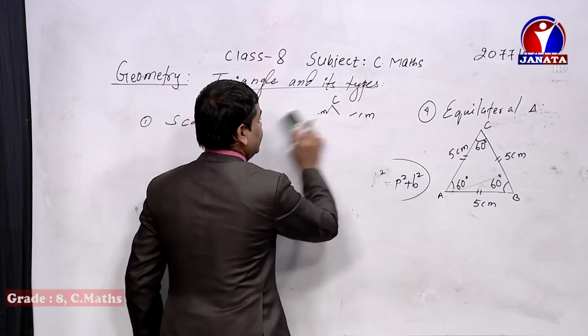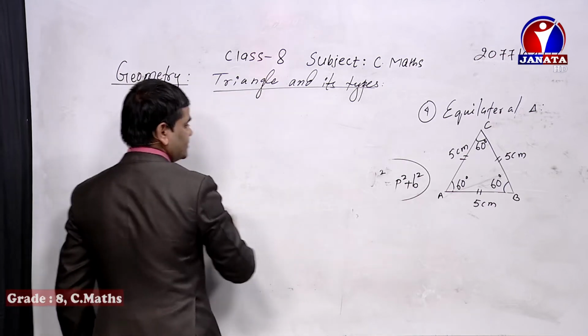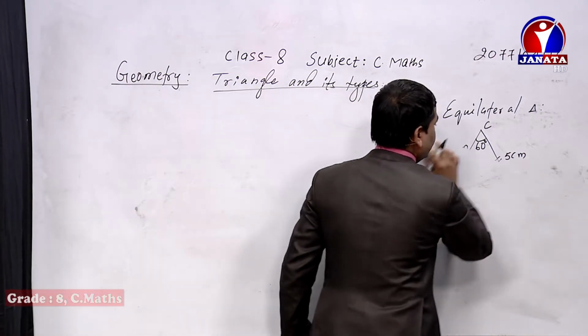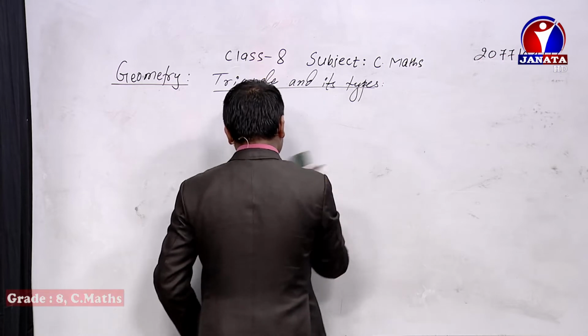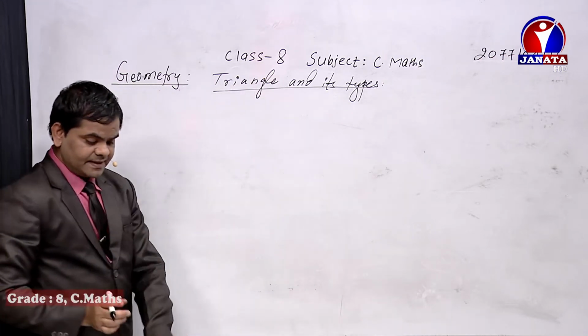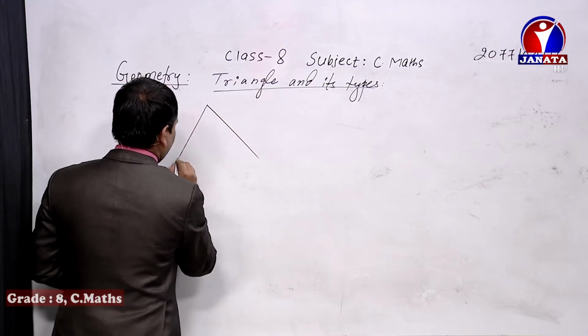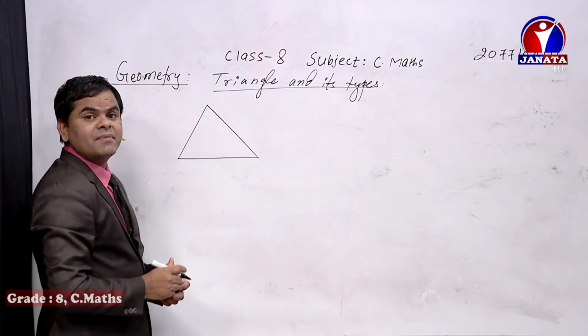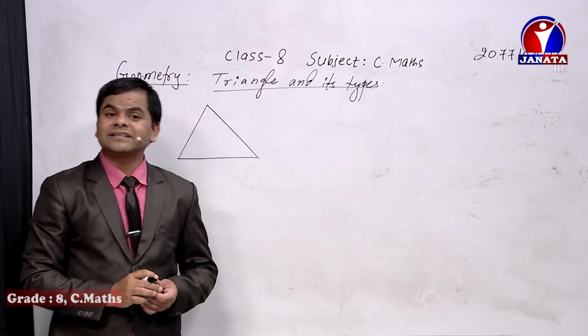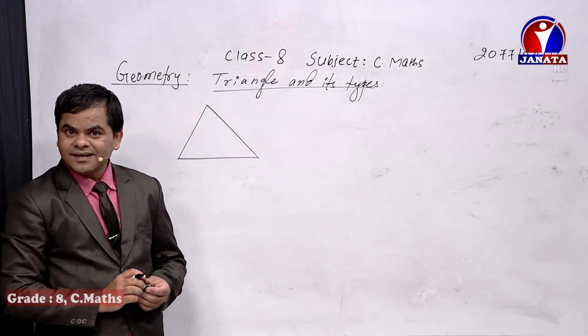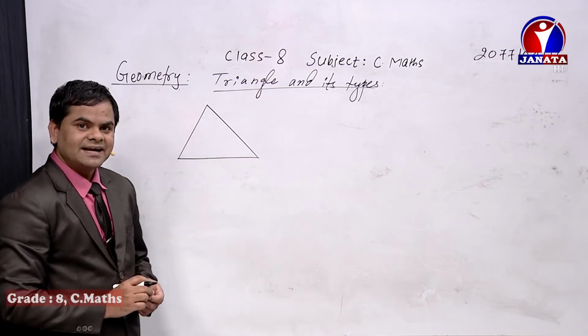Now in case of geometry, dear friends, the knowledge which you have got in class 7 as well as class 6 is that for any type of triangle, whether bigger or smaller, the sum of all three angles will be 180 degree.